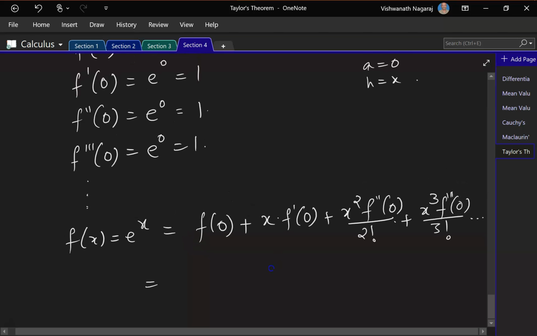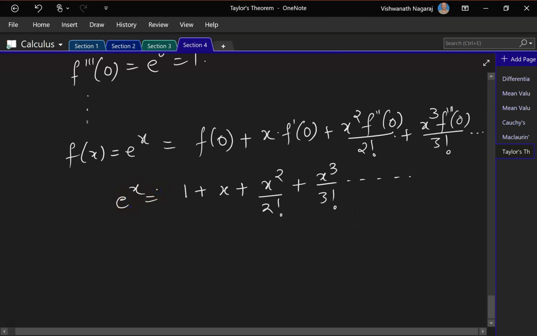Now f of 0 is 1, plus x times f prime of 0 which is 1, x square by 2 factorial, again 1, x cube by 3 factorial, again 1. Okay, so it keeps on going. So e to the power of x is equal to this.